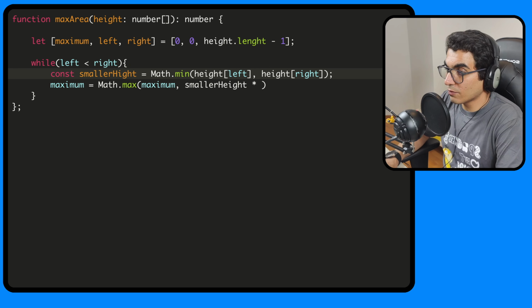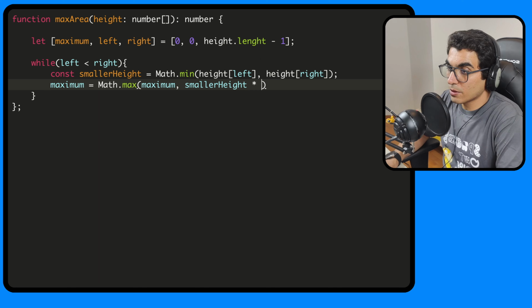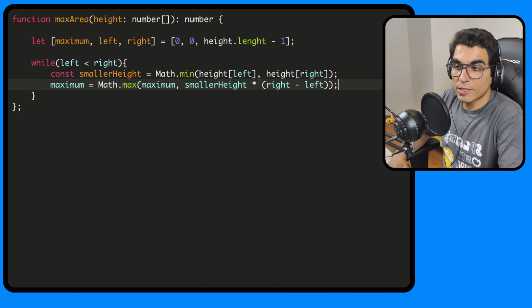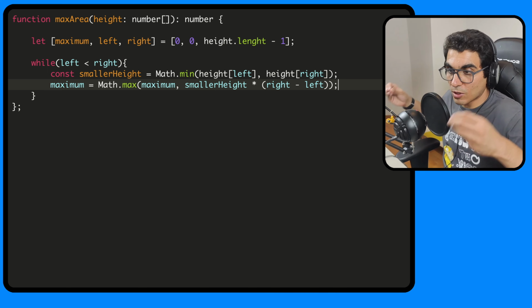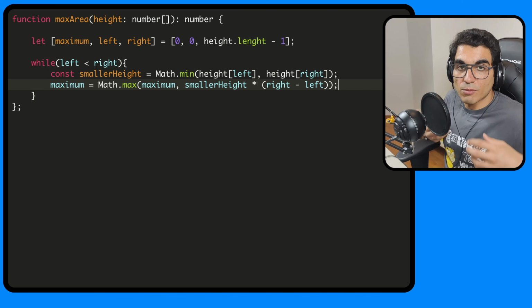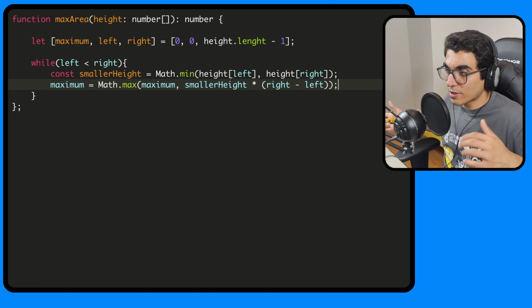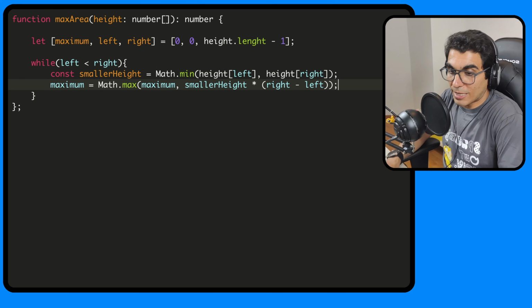So we have a typo here. Right minus left, which would be our x-axis. So smaller height times right minus left would be the capacity, and we compare that with the maximum to figure out the new maximum.